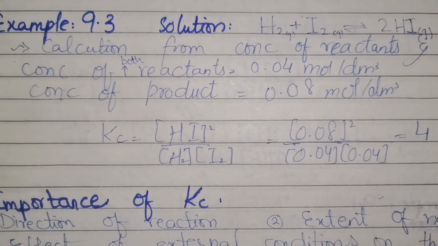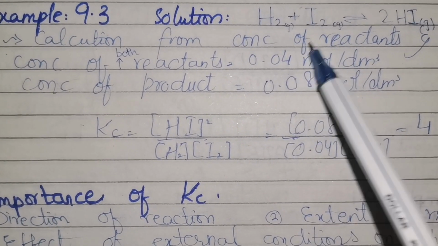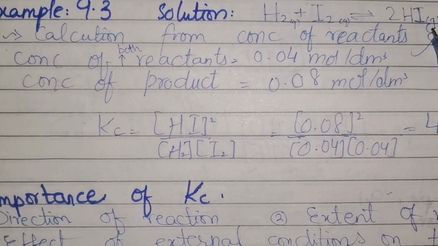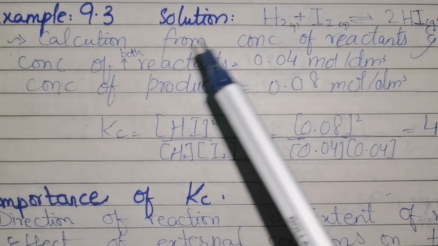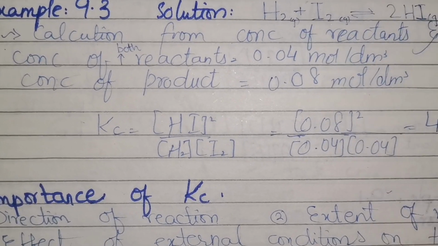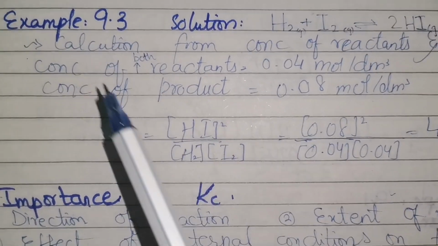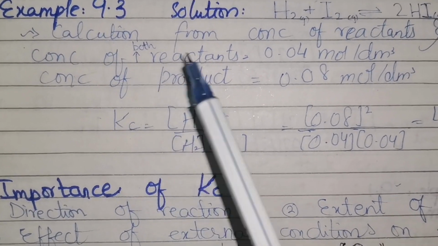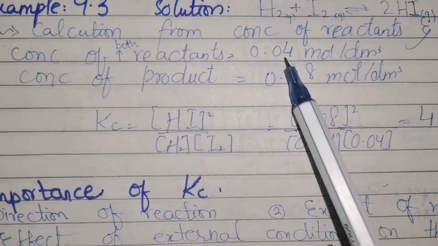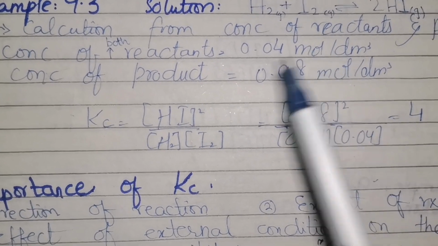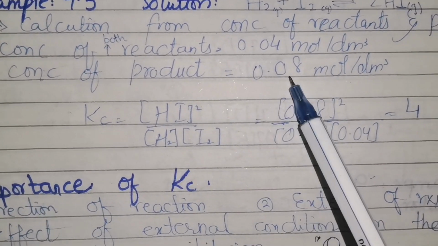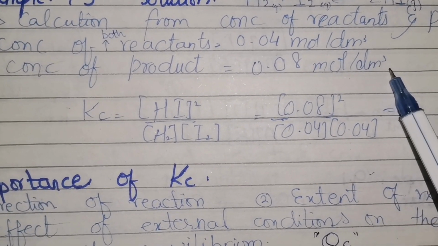Now coming towards the other example where H2 and I2 combine together to form 2HI. Here we have to calculate the value of Kc from the concentration of reactant and product. The concentration of both the reactants is given as 0.04 mole per dm cube and the concentration of product is 0.08 mole per dm cube.